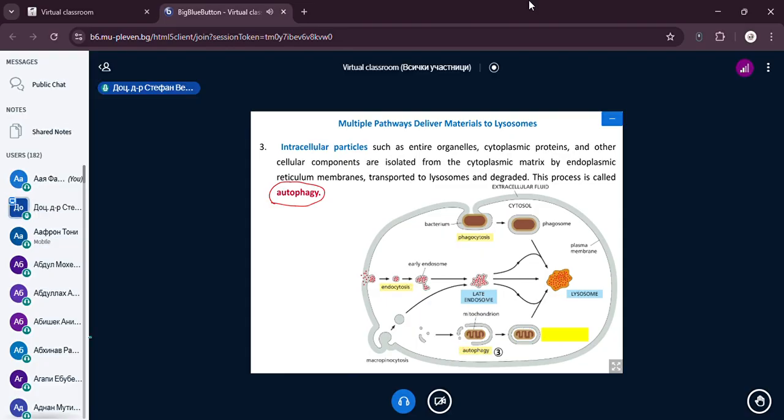And this structure, which is formed here, is called an autophagosome.